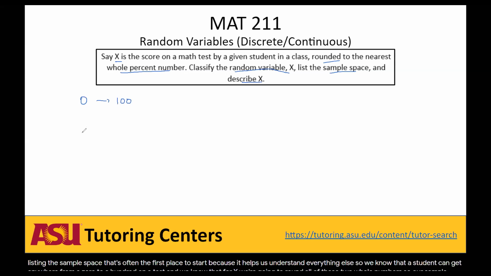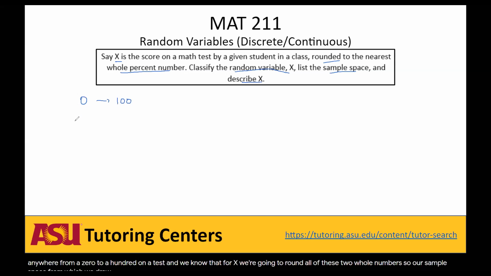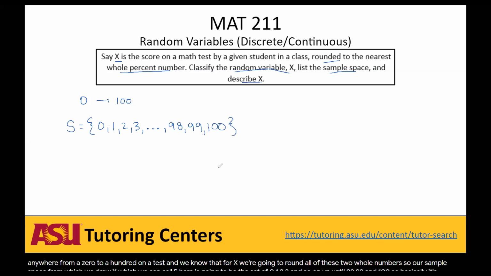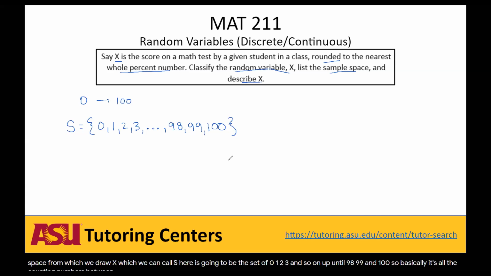So our sample space from which we draw X, which we can call S here, is going to be the set of 0, 1, 2, 3, and so on up until 98, 99, and 100. So basically it's all the counting numbers between 0 and 100. So 1, 2, 3, 4, 5, 6, etc., all the way up to 100. So that's our sample space.